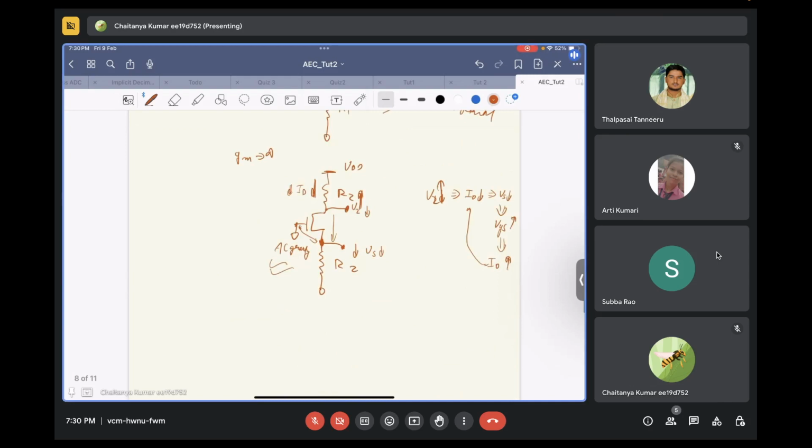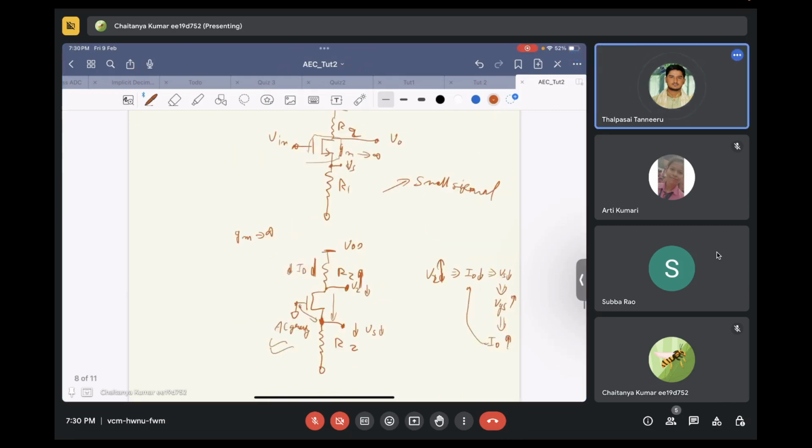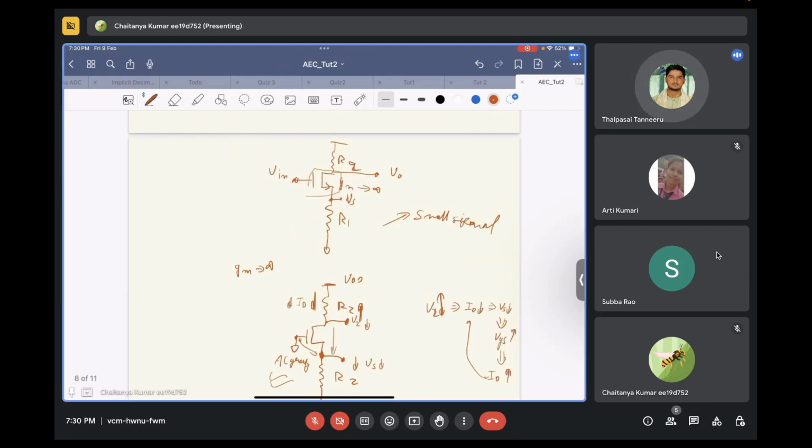I am saying VGS has to be zero, and VG is equal to Vin. That means what should be the value of VS? It should be minus Vin, sir. No, Vin only. VGS is VG minus VS, so both have to be equal in order for VGS to go to zero.